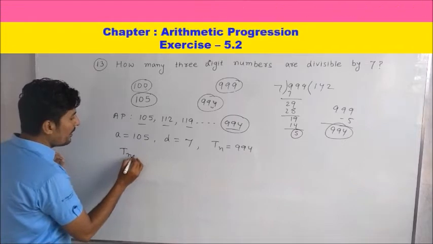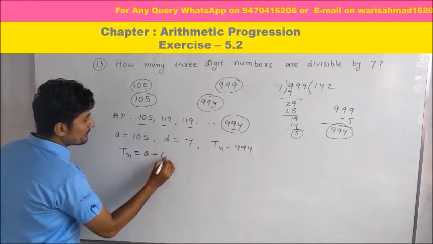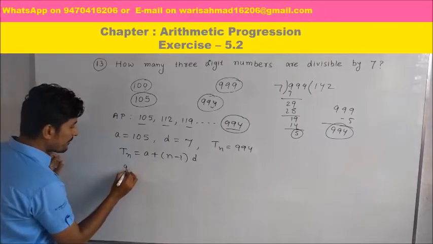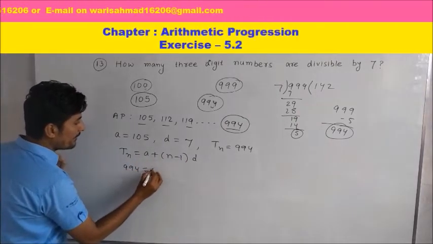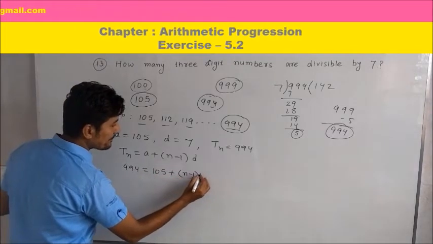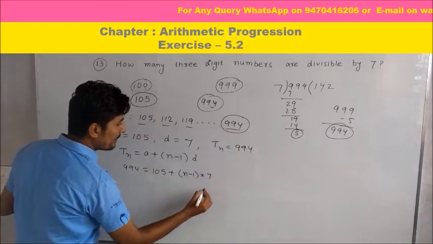As we know the formula, Tn equals a plus (n minus 1) into d. In place of Tn we write 994 equals a, 105, plus (n minus 1). We do not have n. In place of d we write 7.